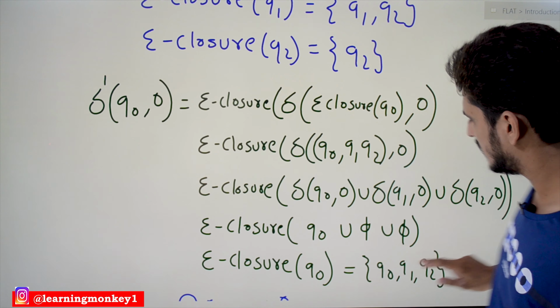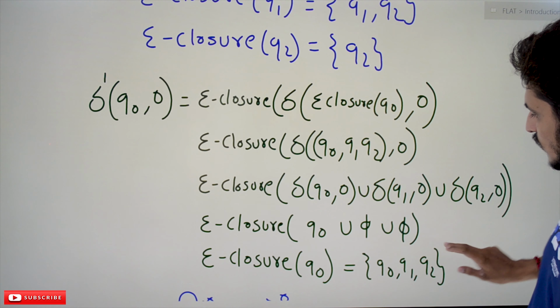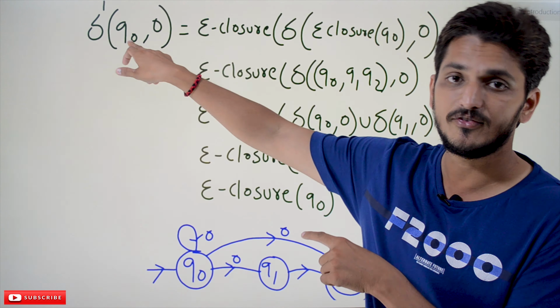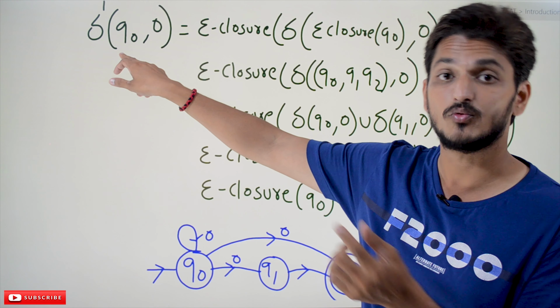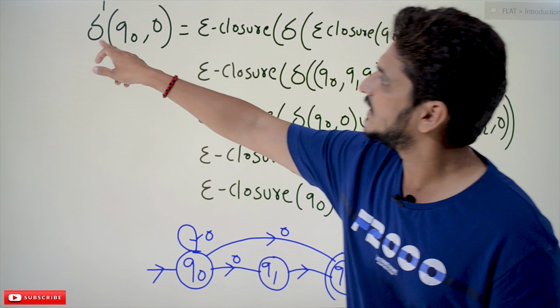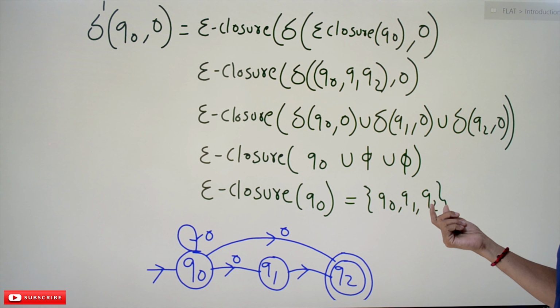So this is the transition for the NFA, not NFA with epsilon moves. Delta dash of Q0 0 means we are moving to Q0, Q1, Q2 states.